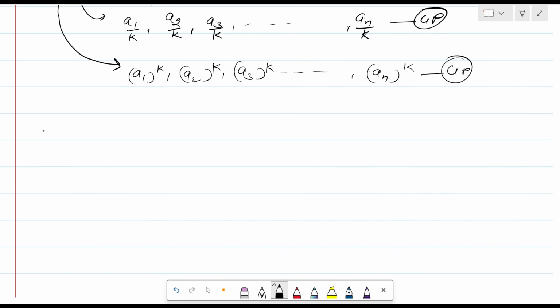I'm writing here another property of a GP. What is the property?